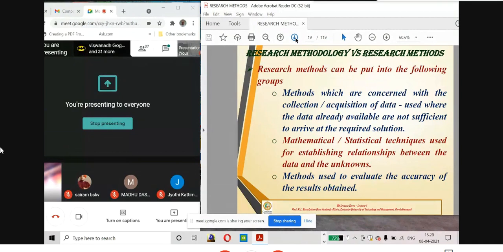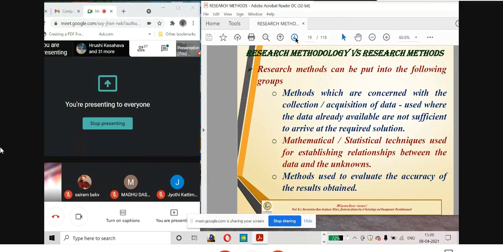Then methods used to evaluate the accuracy of the results obtained. Now, you have obtained the results. First you have followed certain methods to collect the data, authentic steps. Then you have followed standardized methods, either mathematical or statistical, and you got a result. Now it is up to the other people to accept it or not.